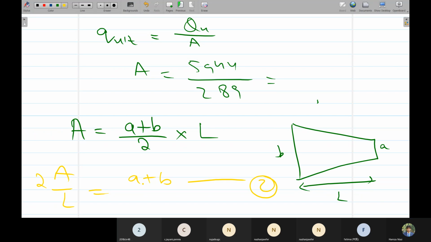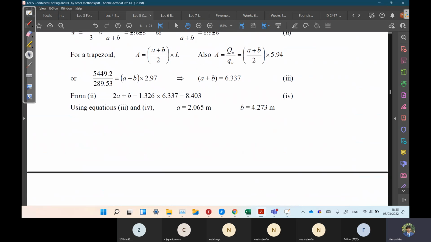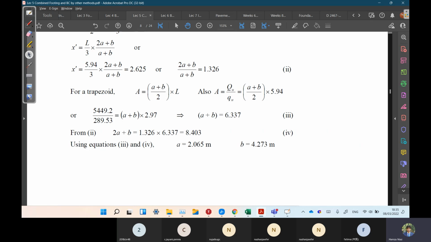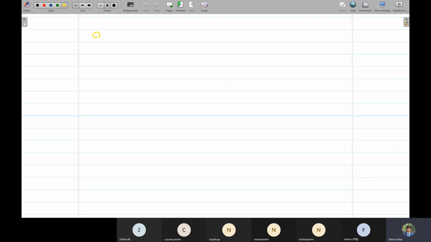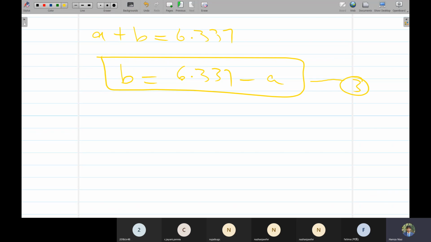We can simplify these by putting the values and checking them. So A plus B is equal to 6.337. We can calculate the B value from here: 6.337 minus A. Simply put this value in equation 1.